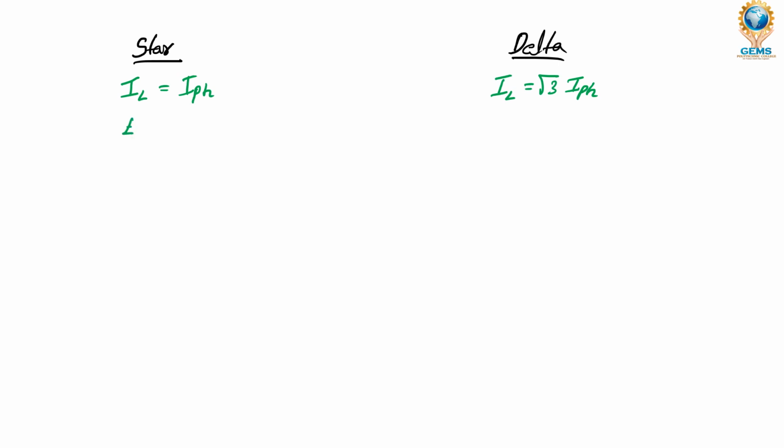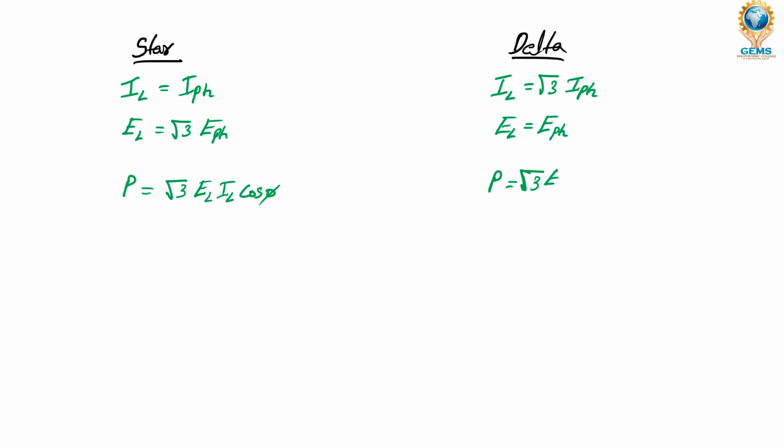Line voltage EL is equal to root 3 times the phase voltage in star connection. In delta connection, line voltage is equal to phase voltage. Next, power equals root 3 EL IL cos phi. Here also the same, power equals root 3 EL IL cos phi.